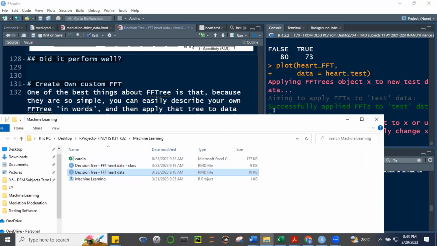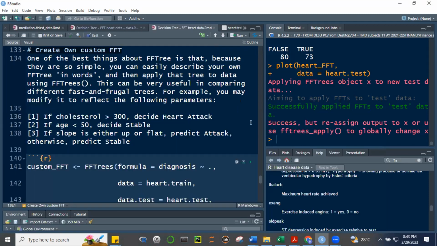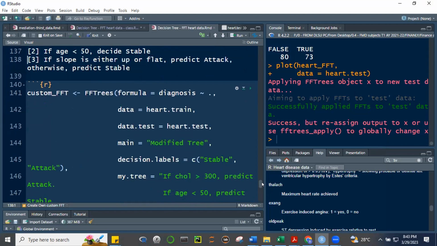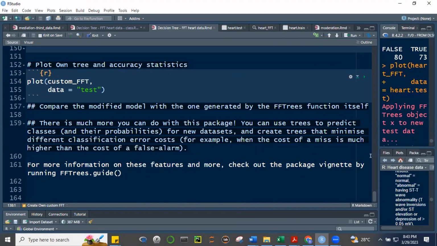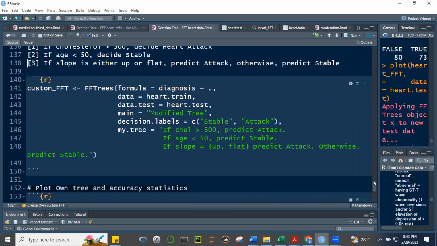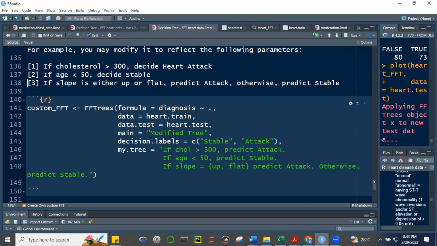Okay, take a look at this, class. So pareho pa rin yung formula natin, diagnosis regressed on all the variables. Ang data natin, yung heart.train natin, ang data test natin, yung heart.test, and then magmo-modified tree tayo.